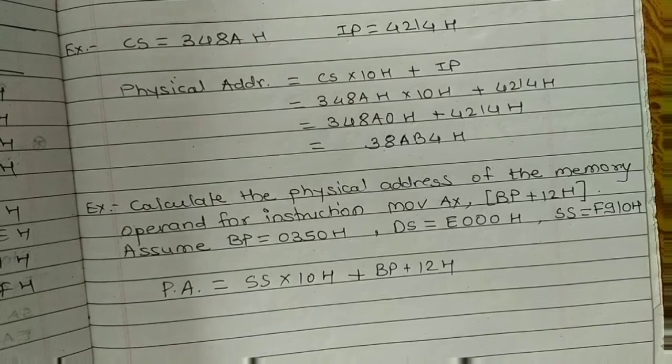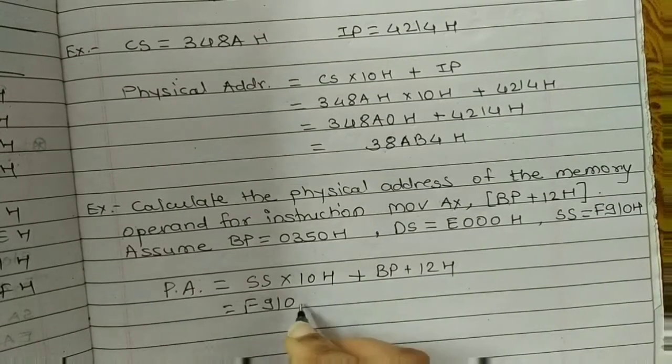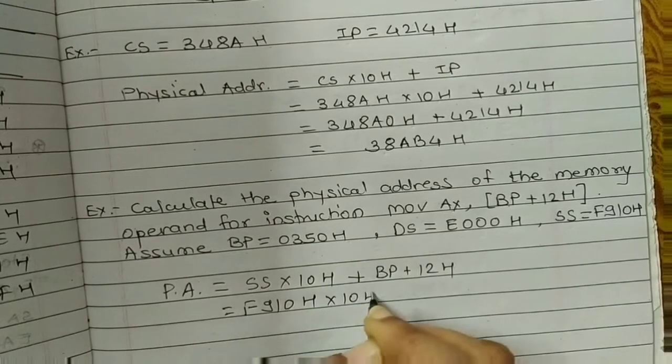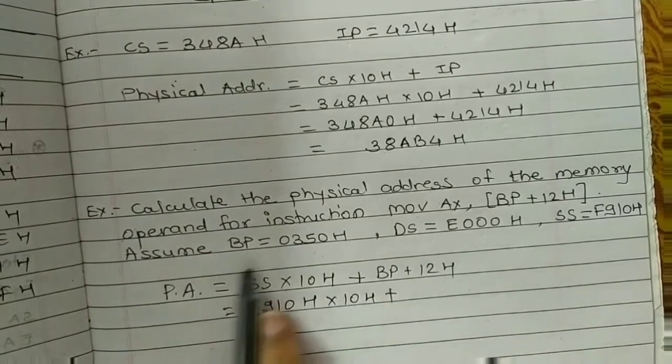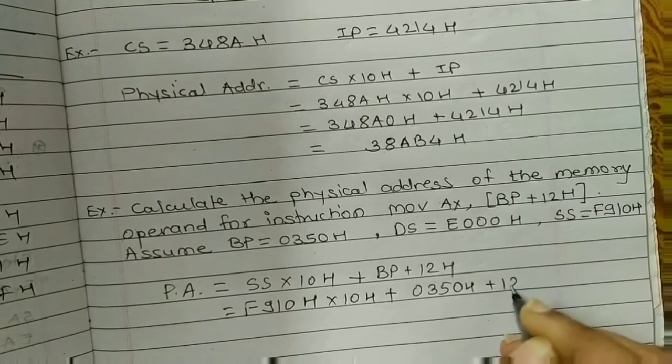So SS is equal to F910H into 10H plus BP is given as 0350H plus 12H.